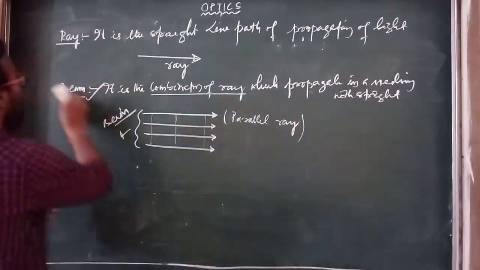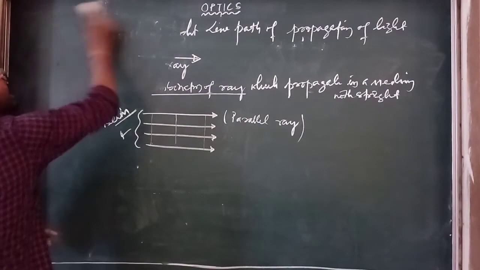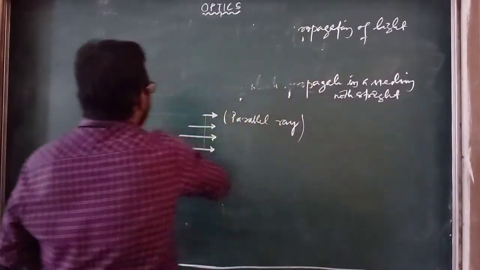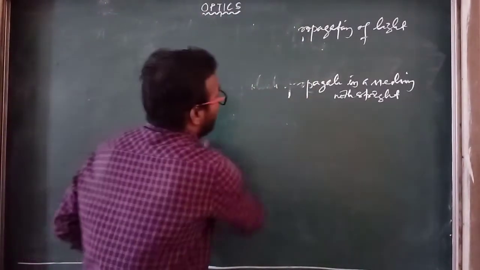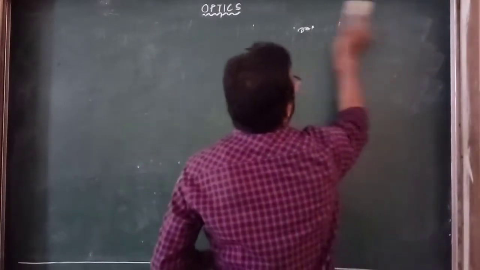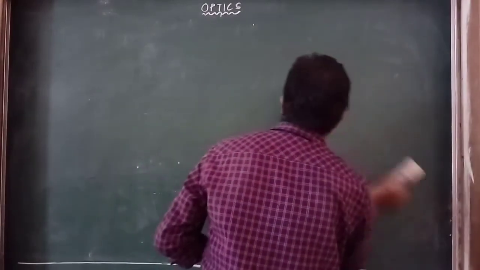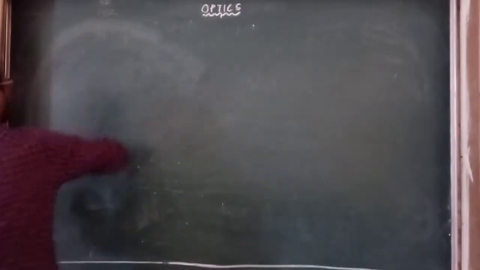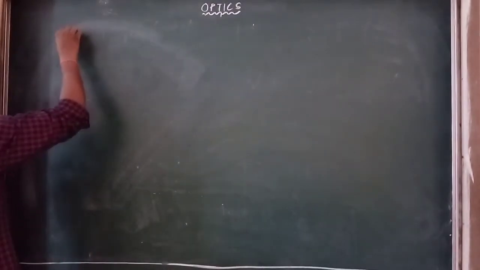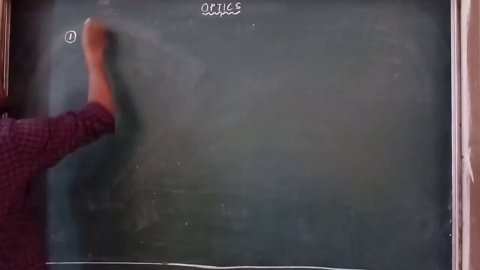Next we will discuss the different types of beam. First the convergent beam or convergent ray, and next the divergent ray.